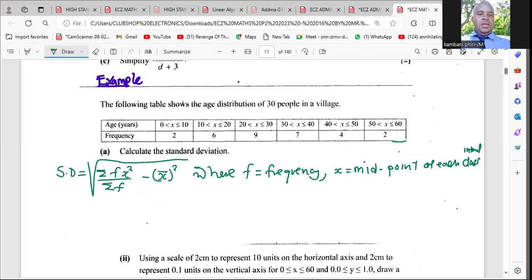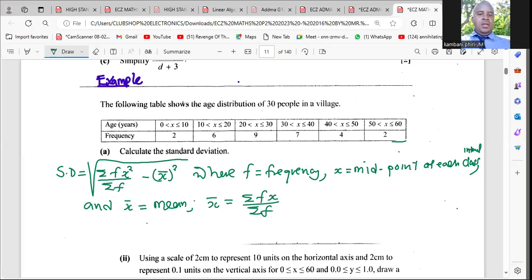Is that fine? And the x bar is equal to the mean. That is, x bar actually is given by the formula summation of f of x divided by summation of f.